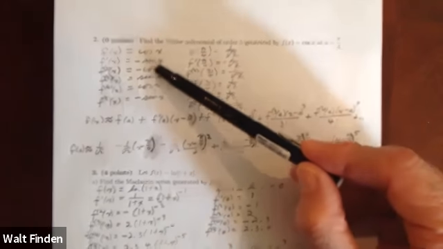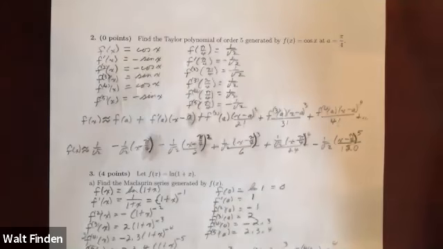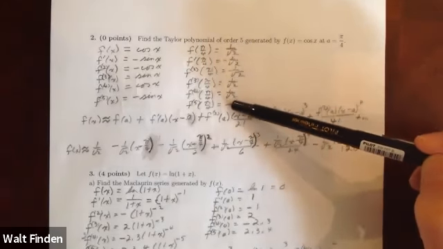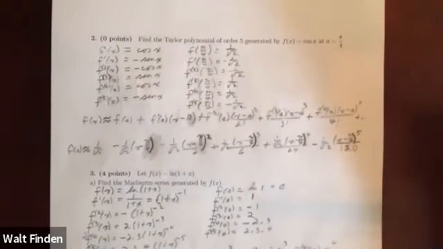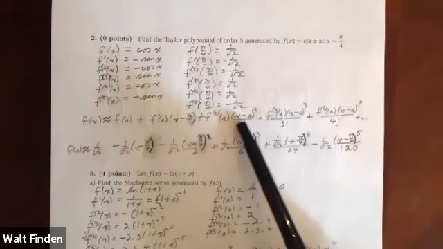The first thing I did was take 5 derivatives because we want the 5th degree polynomial. I've evaluated each of those derivative values at a equals pi by 4, and then I have put it into this formula here, as you can see.